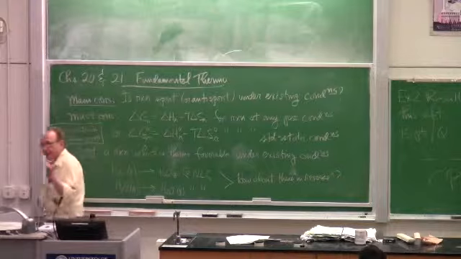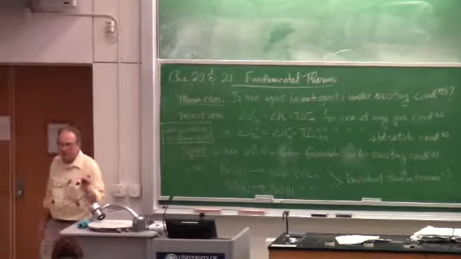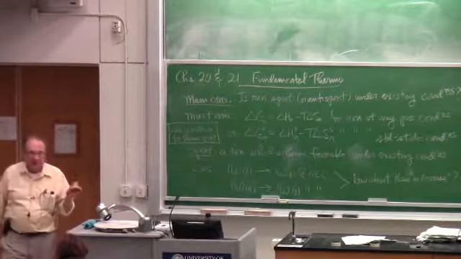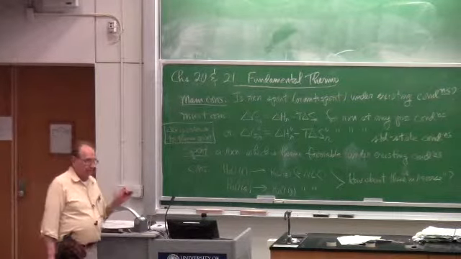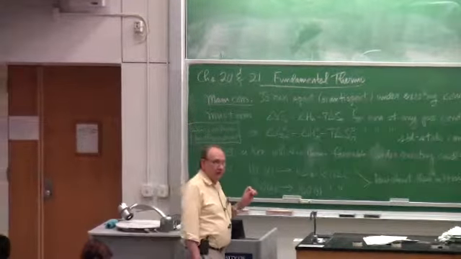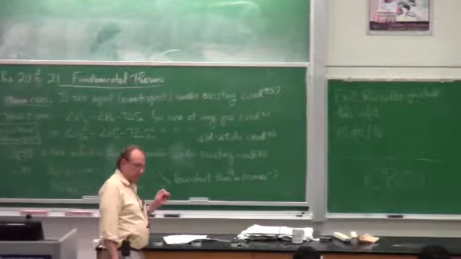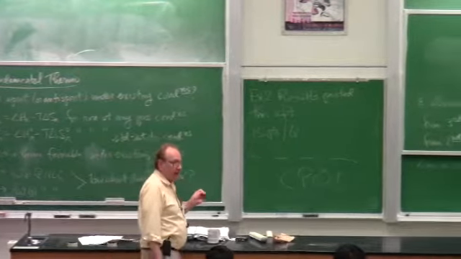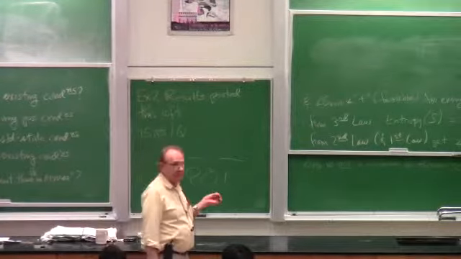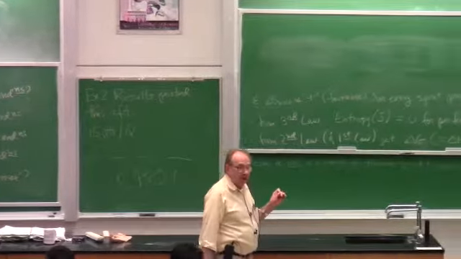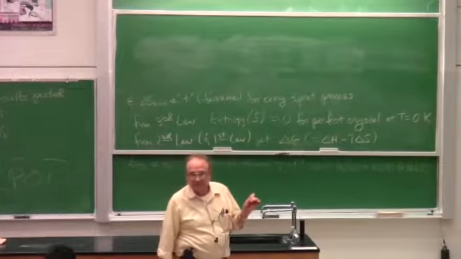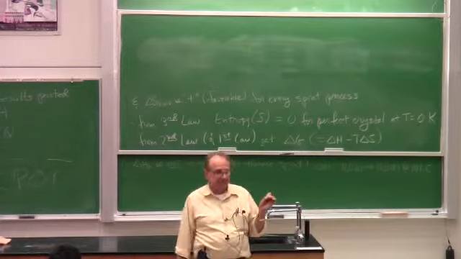What we need and want to know about a reaction is, under the conditions at which the reaction is being considered, can it go? Yes or no? If it can go, then it's spontaneous.